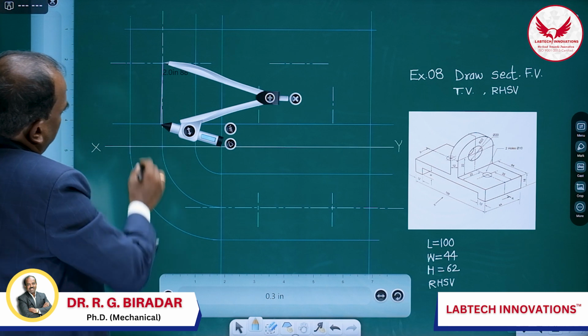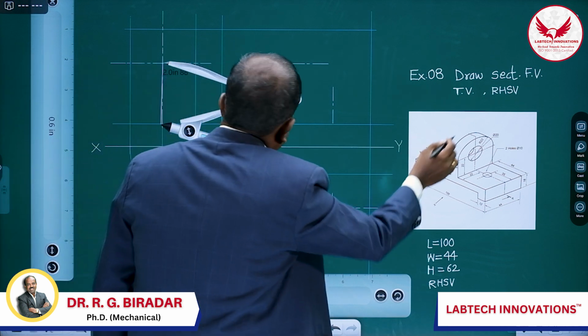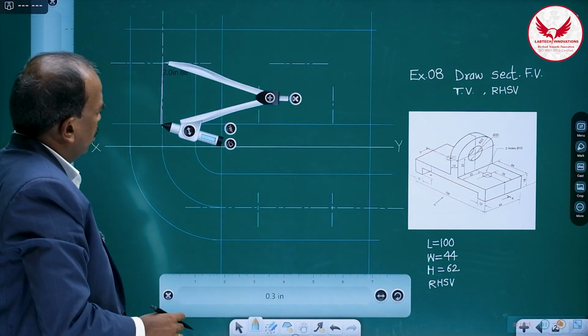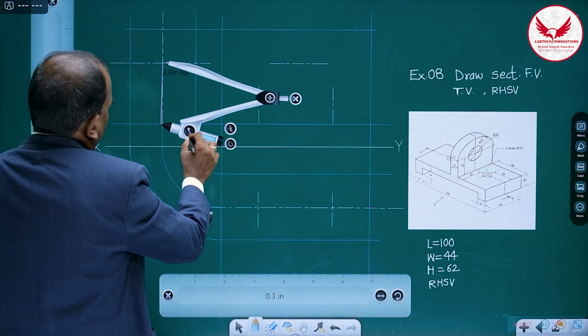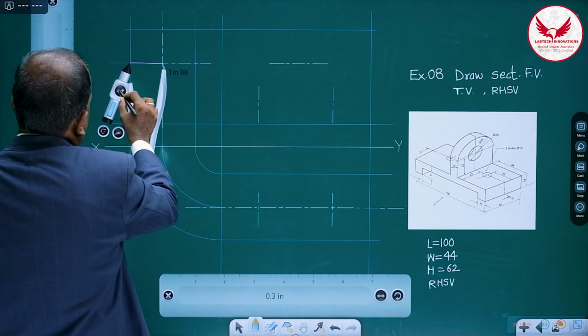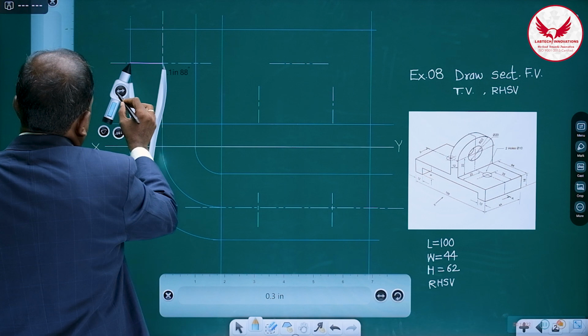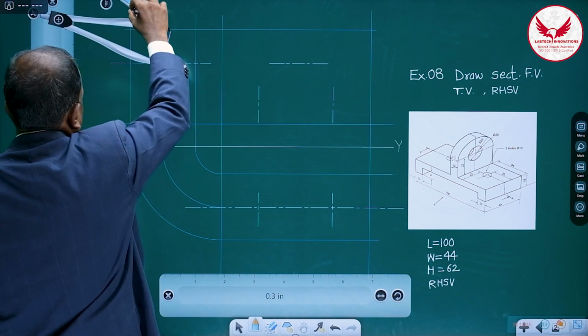Now this semicircular, circular portion will be finished first.